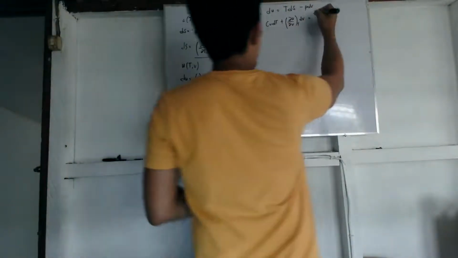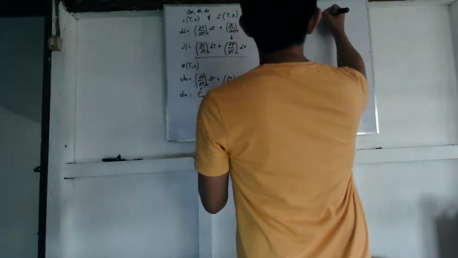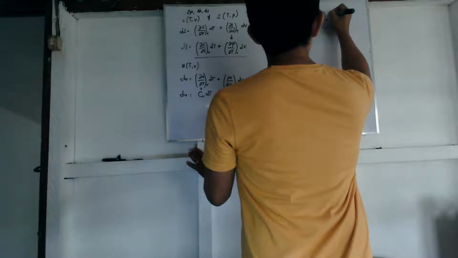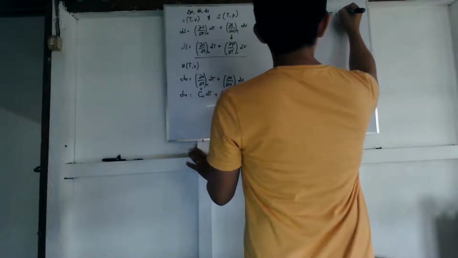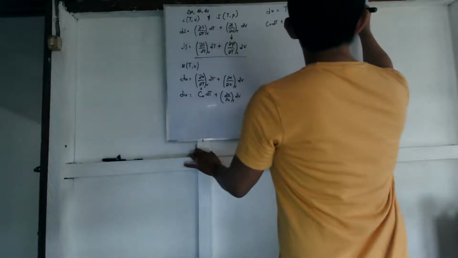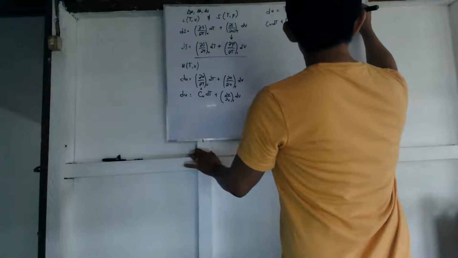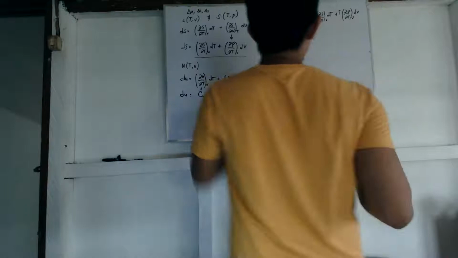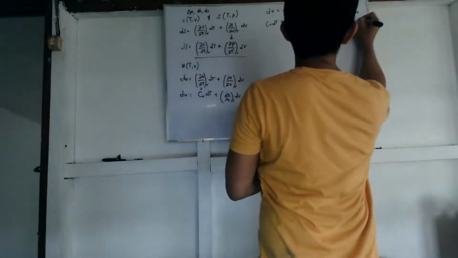So we have T partial of S with respect to T dT plus T partial of P with respect to T dV minus P dV.